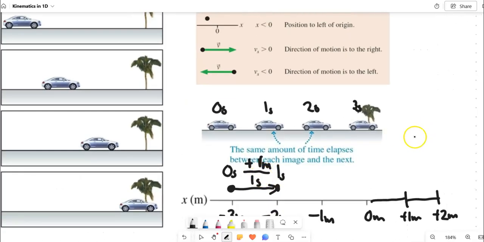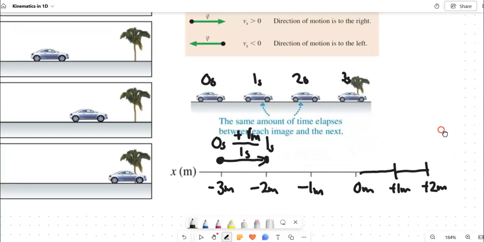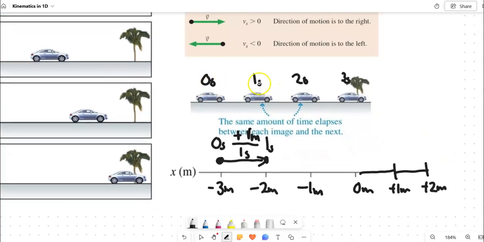So the velocity of the car right now from 0 seconds to 1 second is positive 1 meter in that 1 second. I always put my velocity right there. And I do not recommend saying 1 meter over 1 second. Put the plus in front of that. That specifically tells you that you're moving to the right. If you don't have a direction to this, that is implying speed.